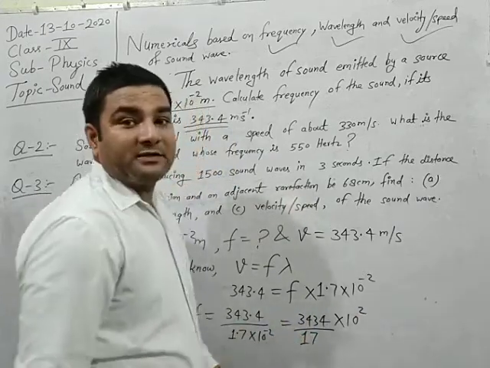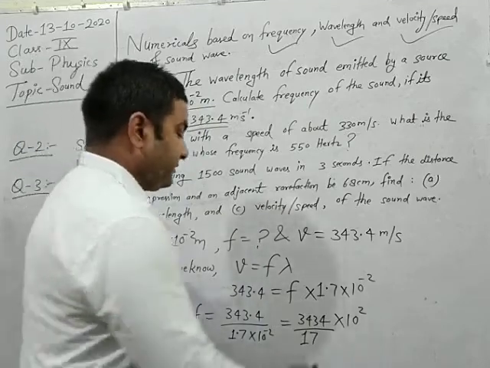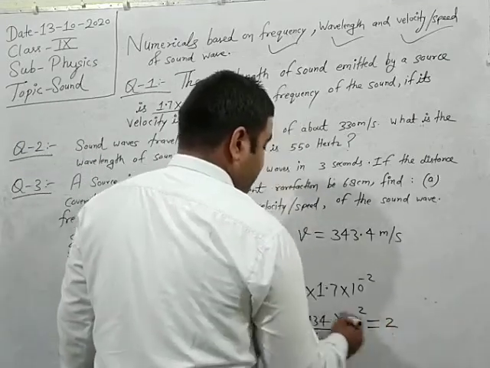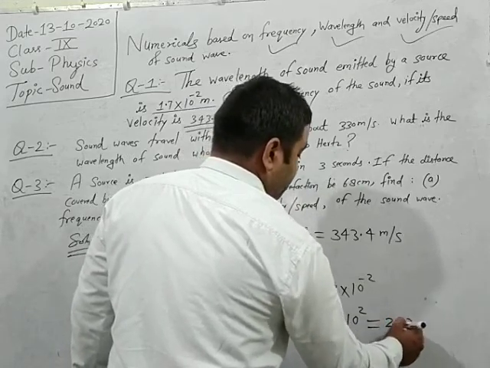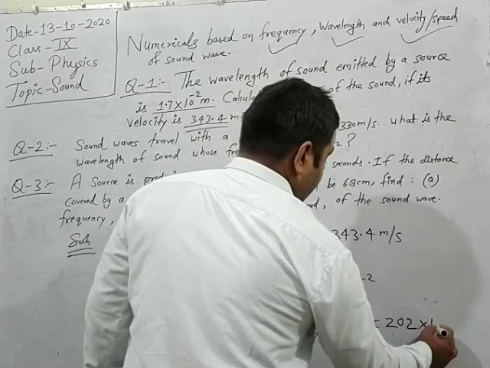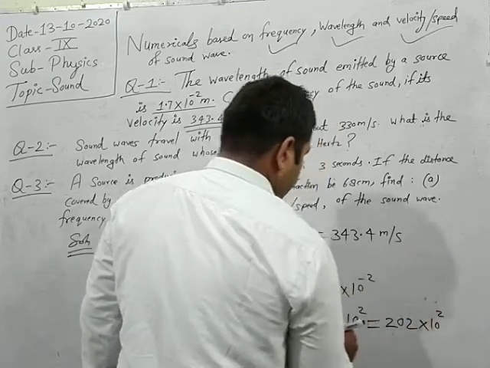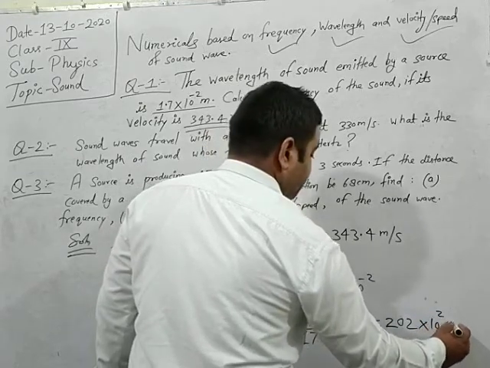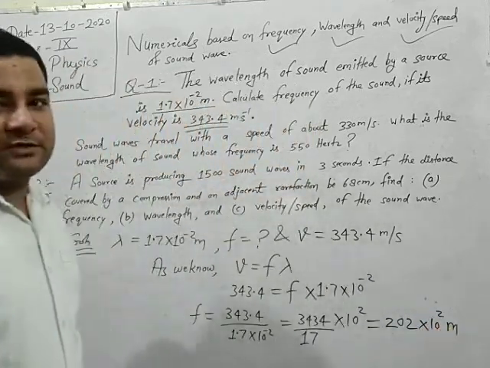Dividing by 17, we get 17 into 20 is 340, that is equal to 202 into 10 power 2. This is the value of frequency.